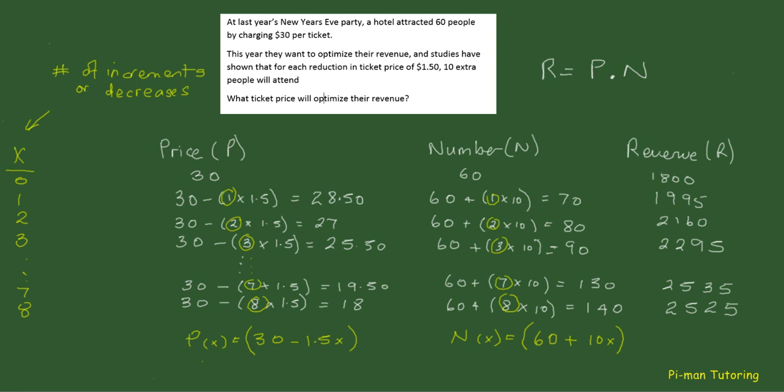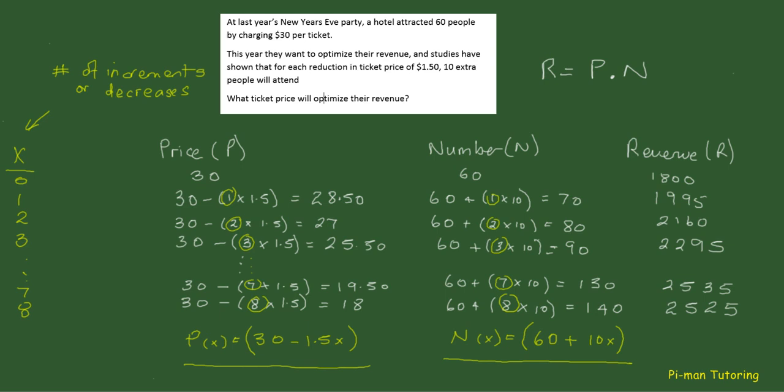So this is important. In these questions, the x variable is the number of increases, not the actual increase, but the number of increases. This is the simplest way to build the quadratic formula.